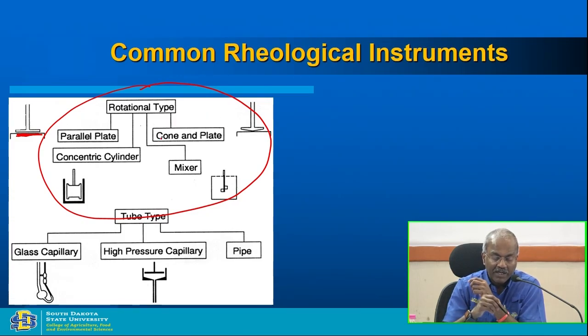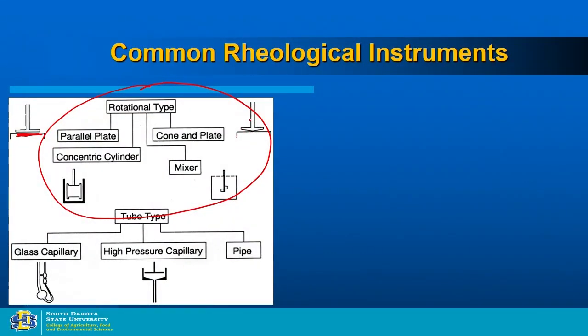Then cone and plate, as the name implies, there's a plate at the bottom and a cone on top, and your sample is in between. Sometimes it's a semi-solid food, mayonnaise, ketchup, and things like that. You put it here and rotate the cone so that there is enough contact between the cone, the sample and the plate.